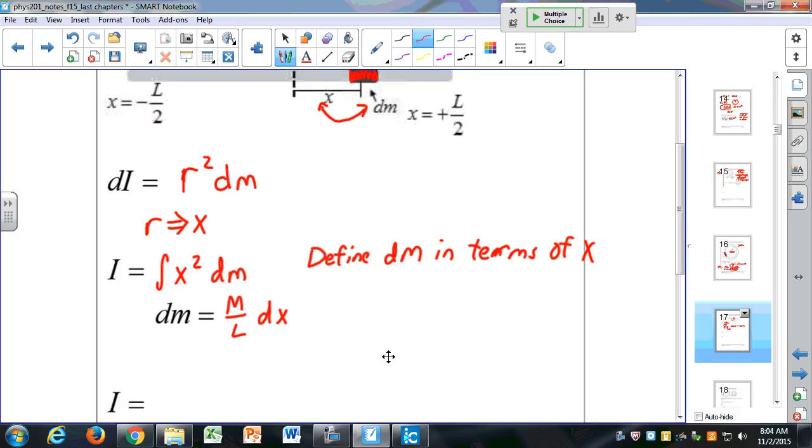If I multiply the mass over the length times the width dx, that'll give me the mass of that mass element, but now it's written in terms of x instead of m. This is often called the linear mass density.